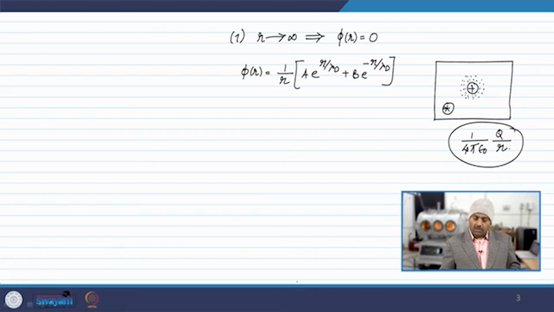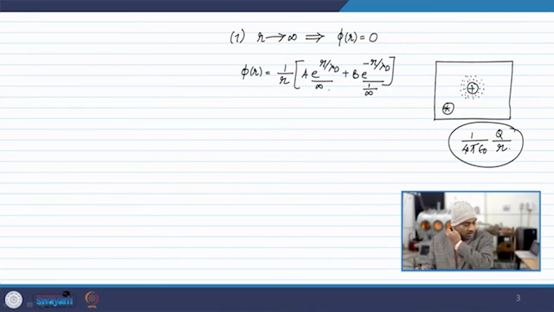What happens when r tends to infinity, when r becomes very, very large? This will become infinity, of course, but e to the power of minus r by lambda d will become 1 by infinity, so this part will of course become 0 directly.